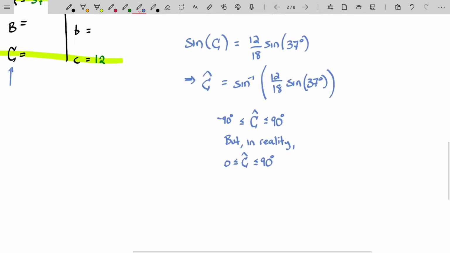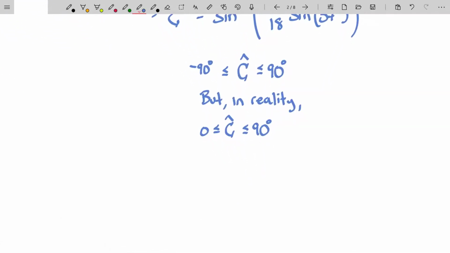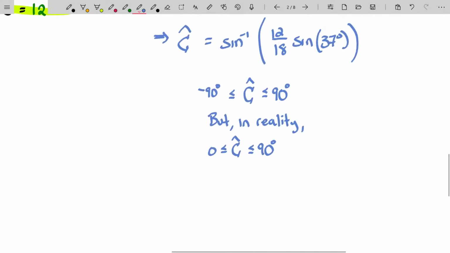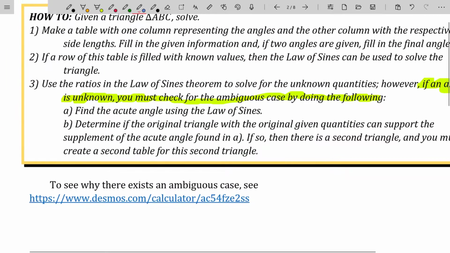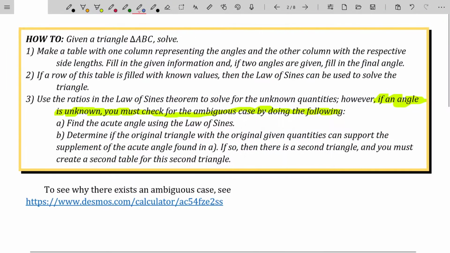So the law of sines has what's called the ambiguous case, which is when we run into that situation where C, the angle C, could have been obtuse. Unfortunately, the sine inverse will never tell us that. And so, that being said, I can go back up to the top here and just say, if the angle is unknown, you must check for the ambiguous case by doing the following.